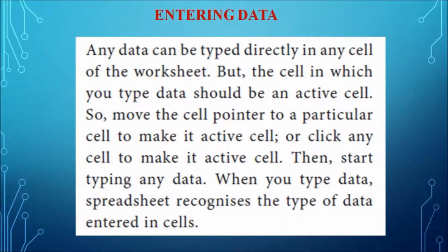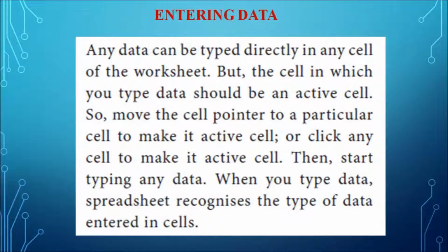And next we are going to see about entering data. In OpenOffice Calc, we can type data anywhere in the worksheet, in any cell. The only thing we have to check is whether the cell is an active cell or not. If the cell is not an active cell, we have to click the cell, or use the navigation keys to make it an active cell.